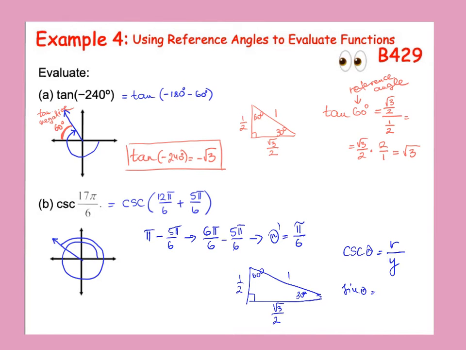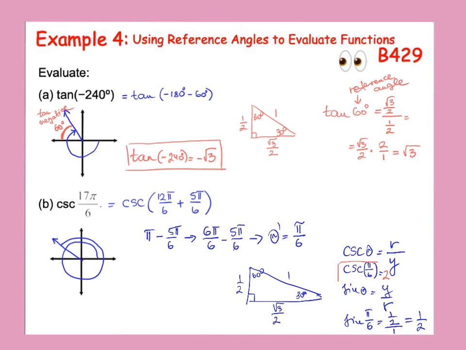So sine theta would be y over r. So our sine of pi over 6 is going to be the sine of 30 degrees, which is 1/2 divided by the radius, 1. So in other words, it's just going to be 1/2. And then cosecant of pi over 6 is going to be the reciprocal of that, which is 2.